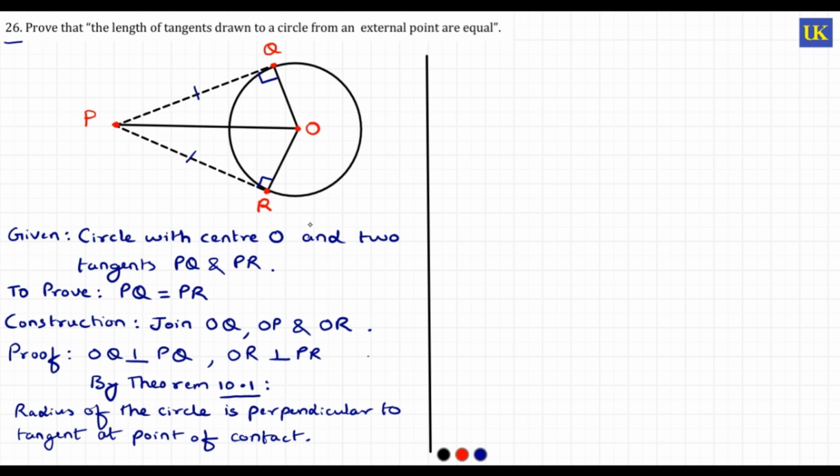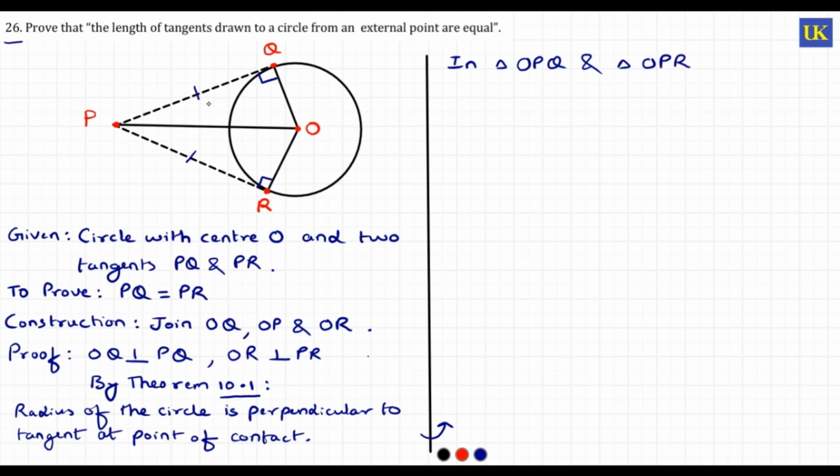This is the concept theorem 10.1 talks about. Now we will solve further. I will solve it here. So now we can say that in triangle OPQ and triangle OPR.